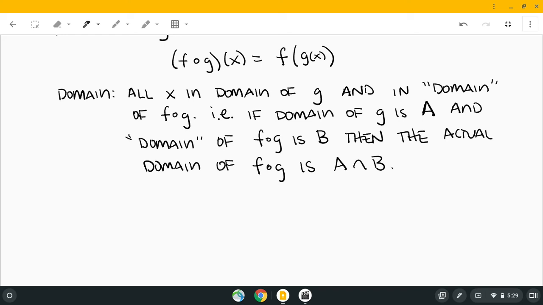Okay? When we do a composition, you'll see what I mean.